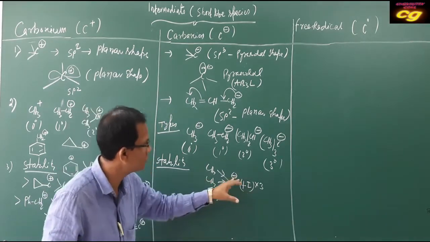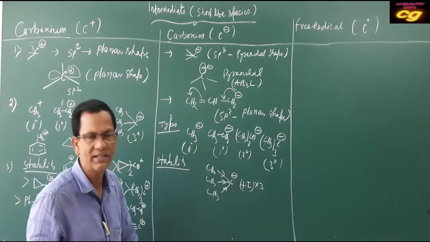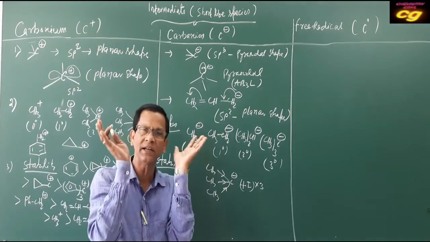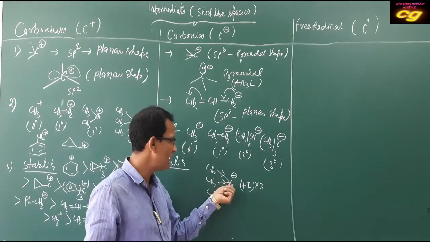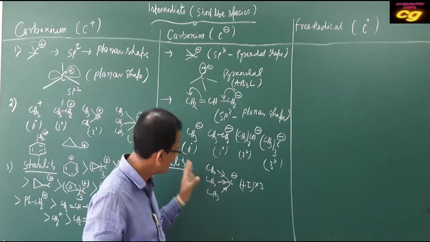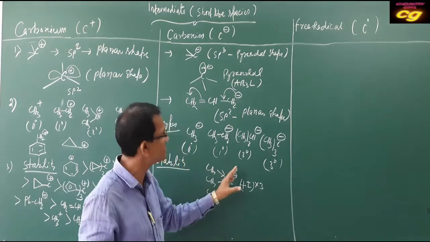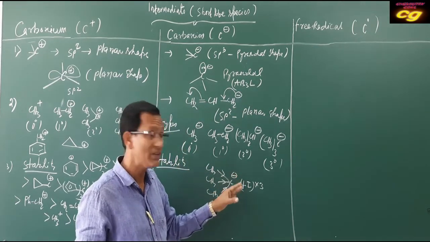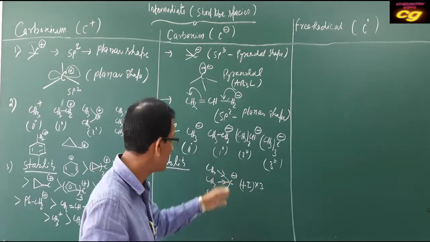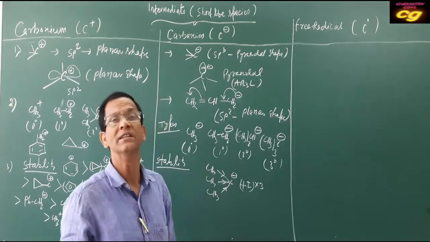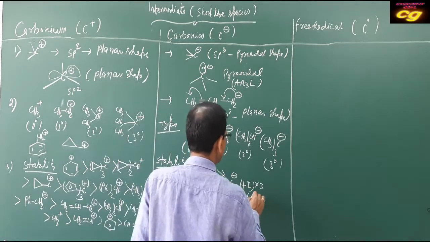Both are supplying electron towards carbon. Already carbon has negative charge, already taking the load. Then there are another 3 groups again supplying the electron towards carbon. That means the electron density around carbon is more. So stability is less. So less stable.